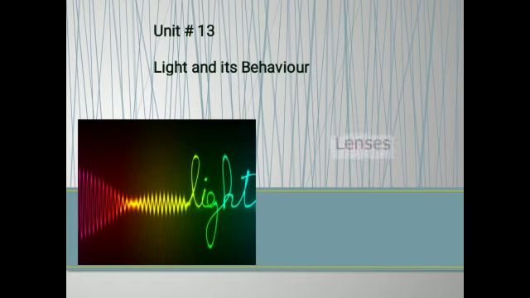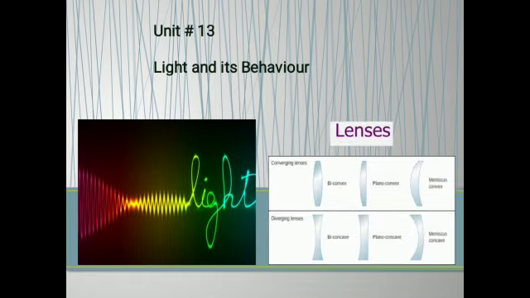And we will discuss the lenses. What is a lens? A transparent material bounded by two surfaces, of which at least one is spherical, is known as a lens. And lenses are of various shapes and sizes. Now see the lenses.